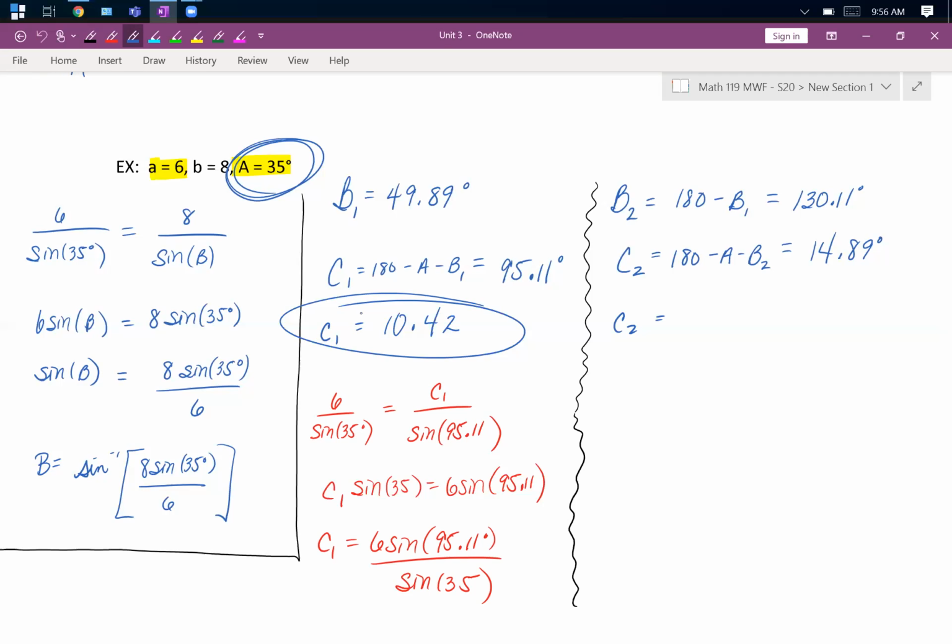Now we'll do the exact same thing to find our C2. Cross multiply and divide.